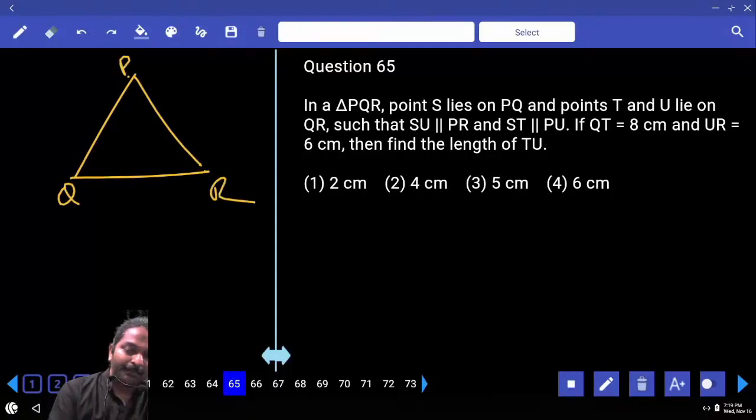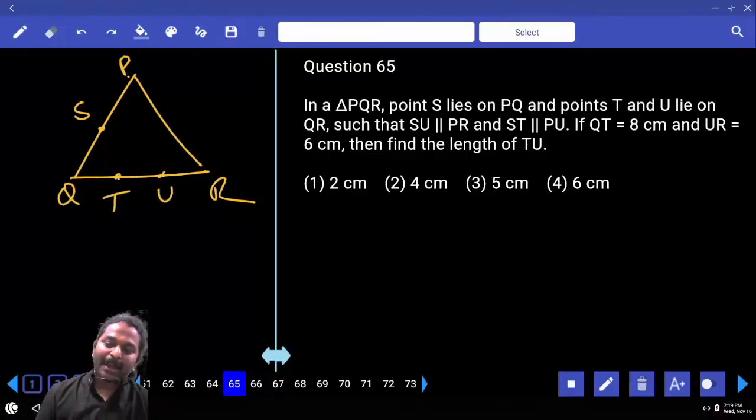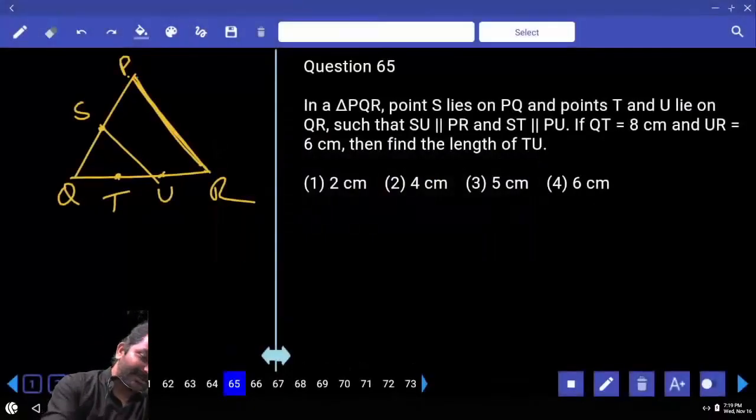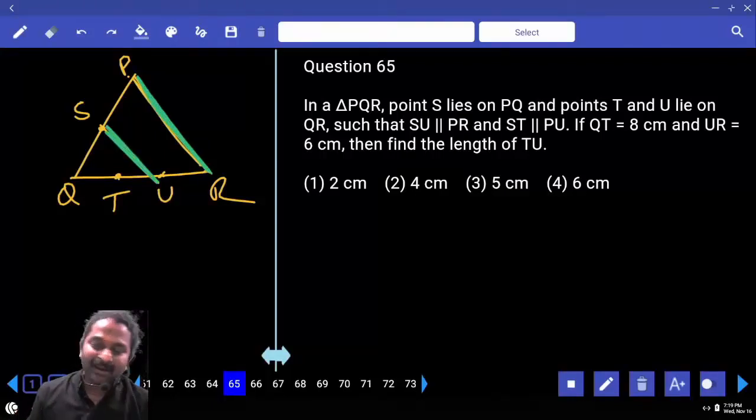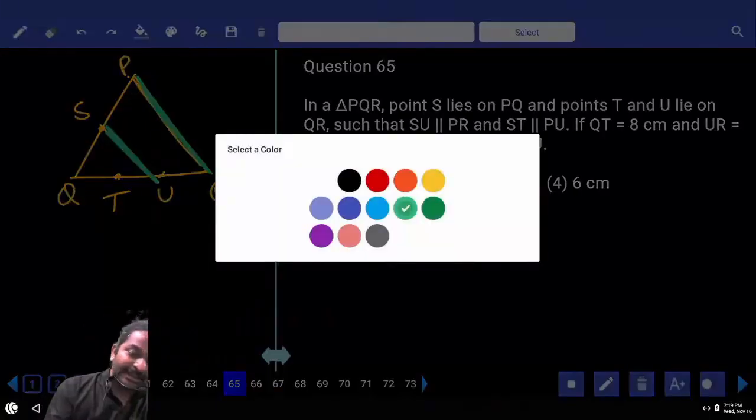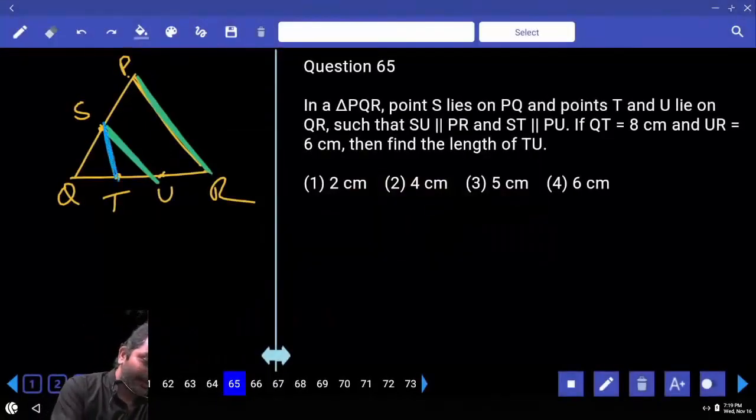Somewhere here you'll have T and then U. PR and SU both are parallel. Next, ST is parallel to PU.